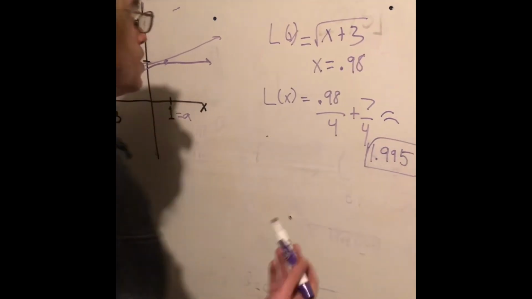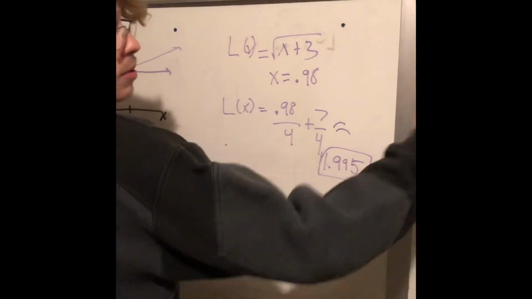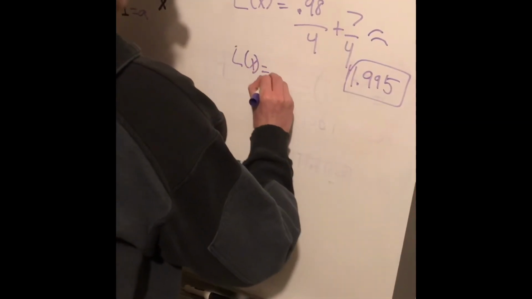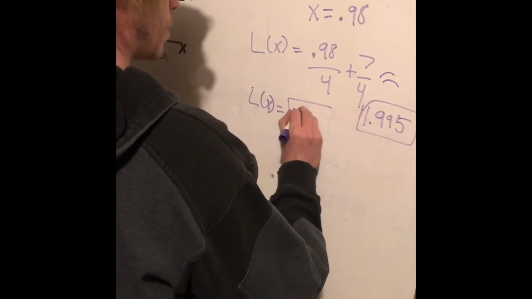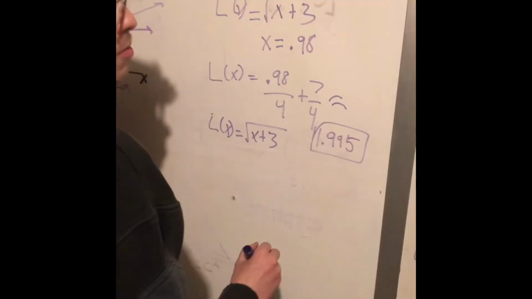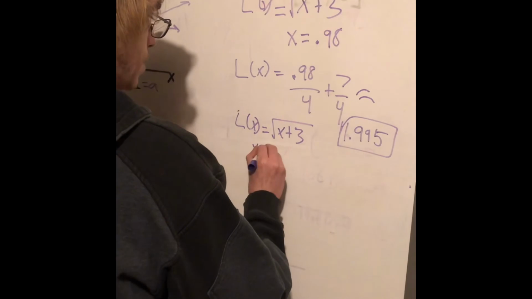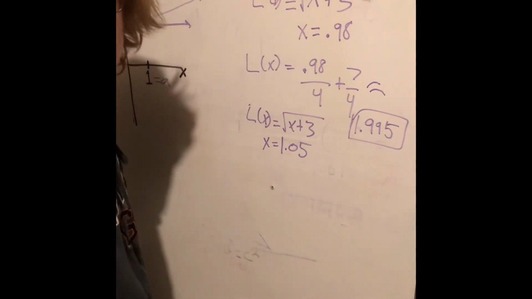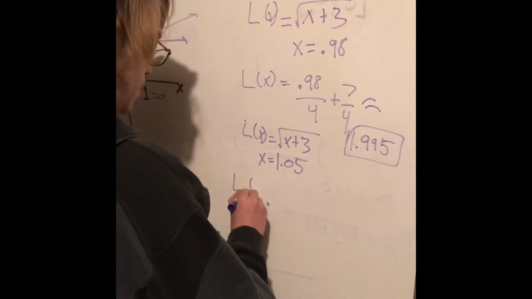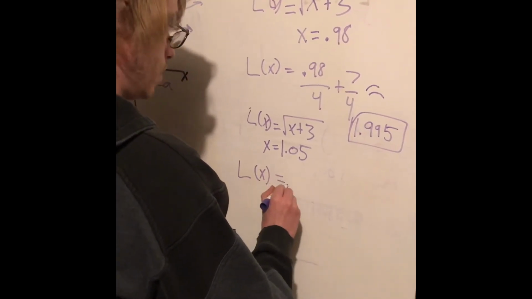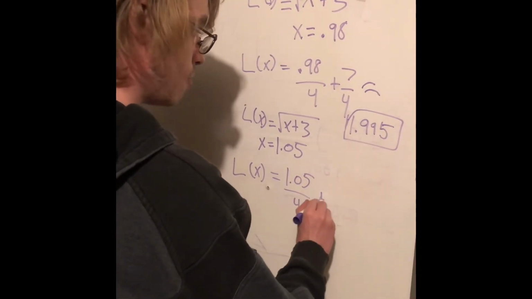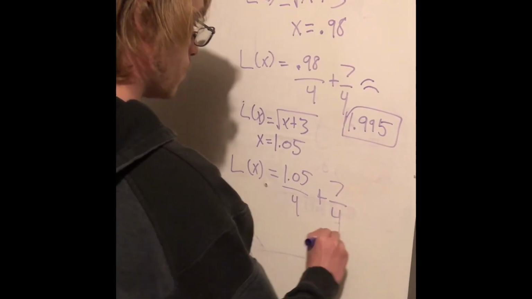So the next step we're going to do is the exact same thing, but for 4.05. So L of x is equal to the square root of x plus 3. In order to get the square root of 4.05, x is going to have to equal 1.05. And then again, we plug that into the linear approximation formula. 1.05 over 4 plus 7 over 4.